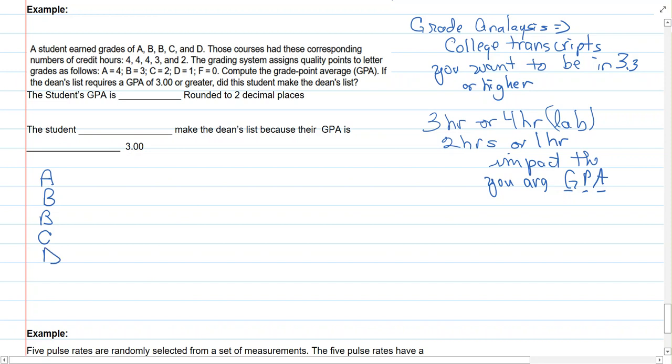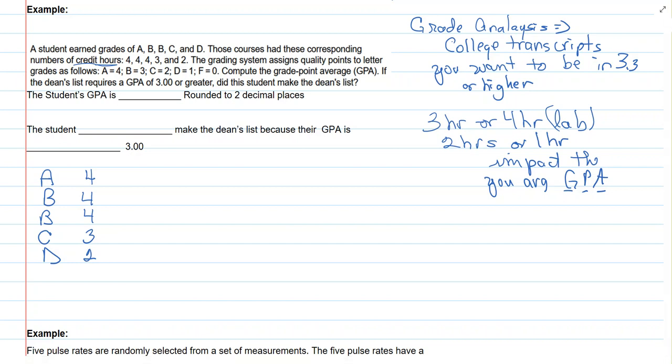You get no points for it and lose quite a bit because of the number of hours that you're taking that you got the F. Those courses had these corresponding number of credit hours. So they took some kind of a science or math course, and it was 4 hours. Then they took a 3, probably an English, right? And a 2, which is a get acquainted to college.